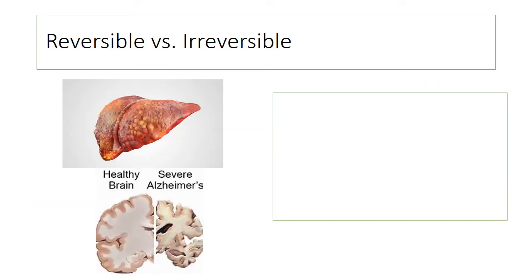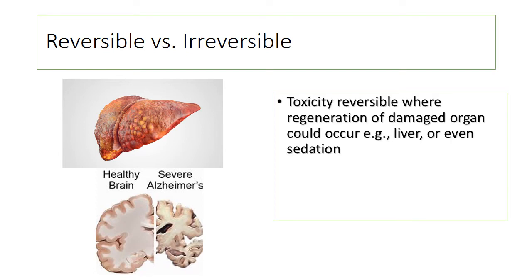On to the next one. We have some effects which are reversible and some which are irreversible. Reversibility is a good thing. If you have a toxicological effect which is reversible, that's good, because you know that after some time it will go away.